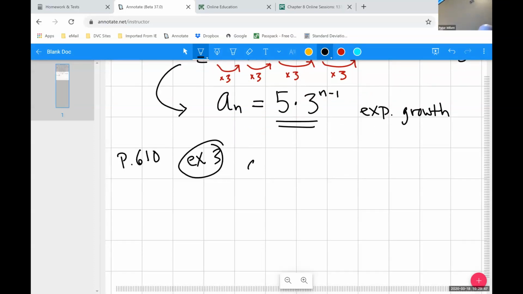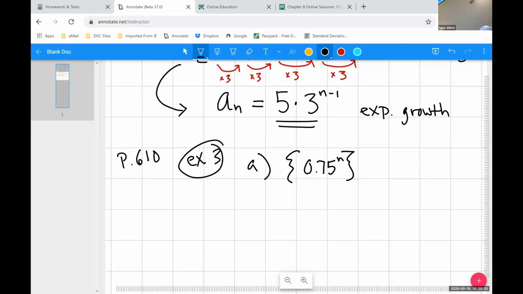So in A, they give us the sequence where you have 0.75 raised to the power n. So if I put in a 1 here, I get 0.75. If I put in a 2, then I get that number squared, which means I multiplied by another 0.75. And as n increases 1 by 1, you keep multiplying by another 0.75.